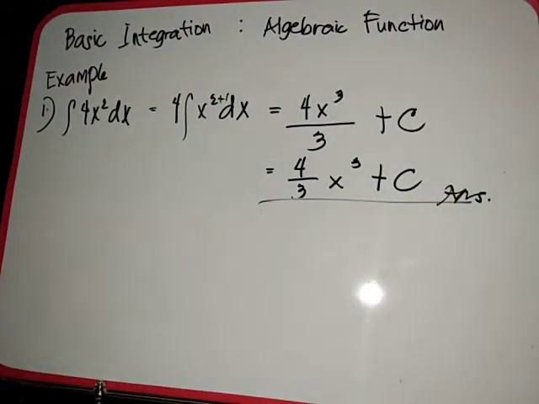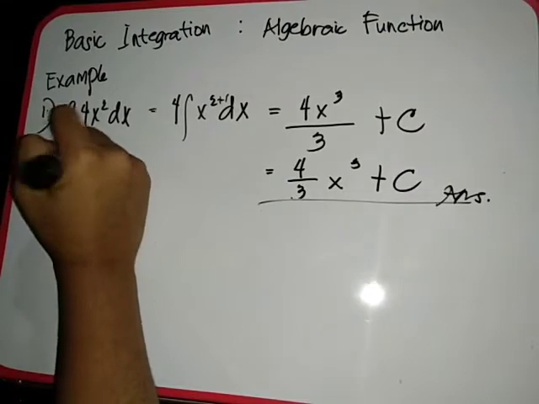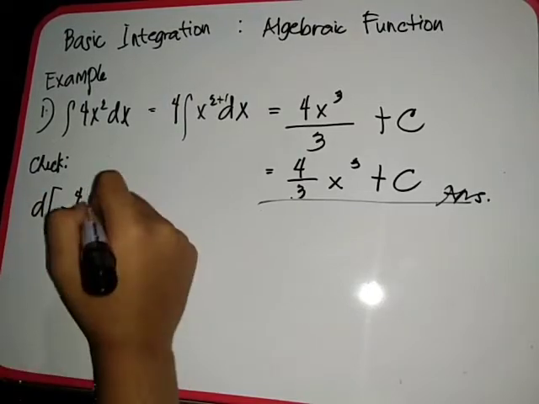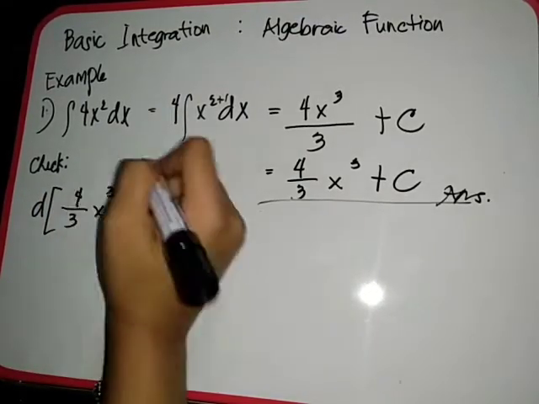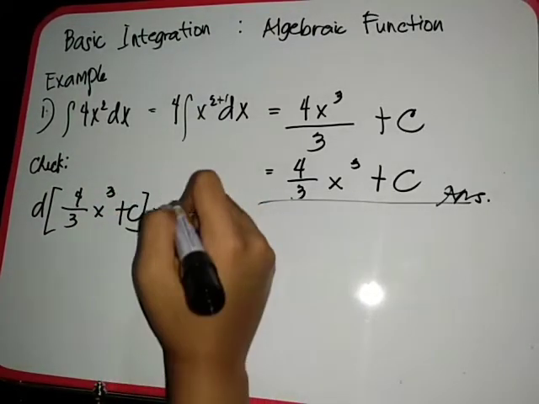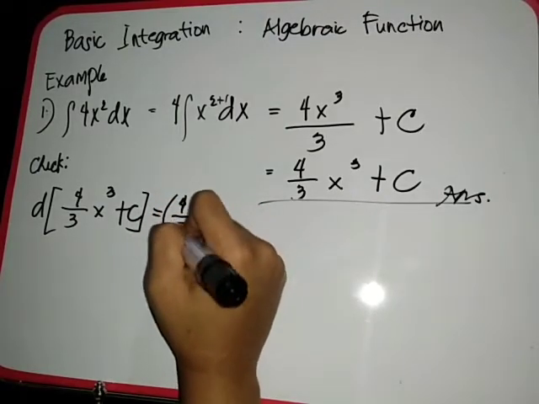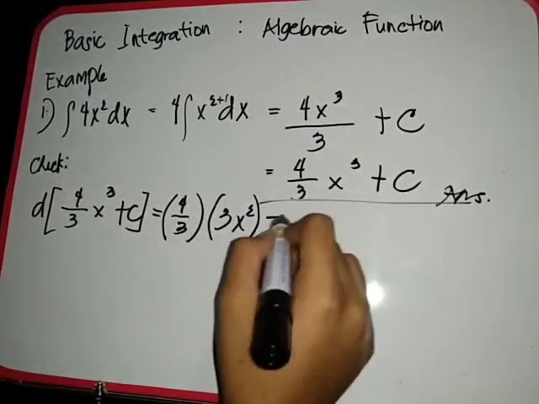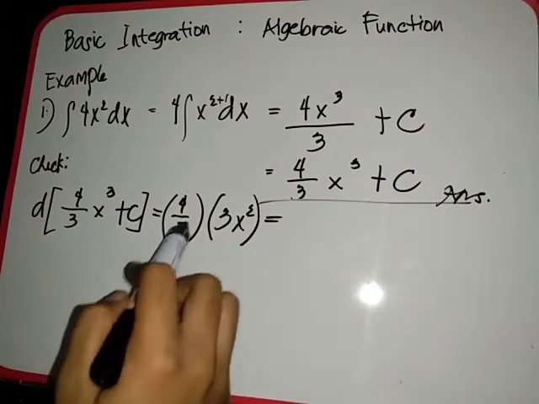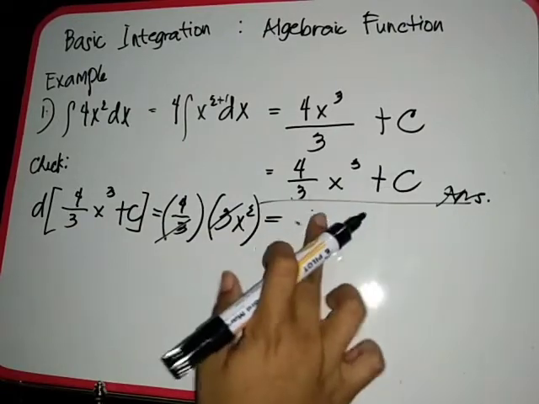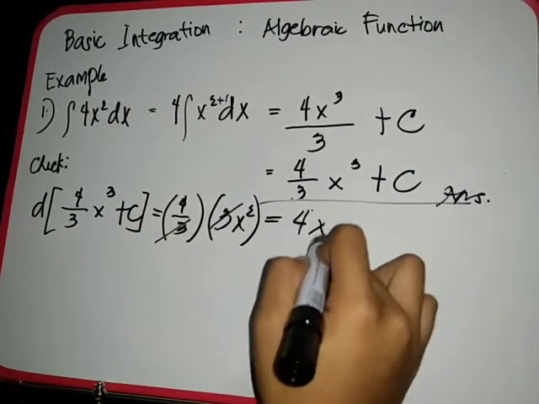To check if our final answer is correct, so this is the check. The derivative of 4/3 x cubed plus c is equal to 4/3 multiplied by 3x squared, equal to, let's cross out the 3, and the remaining is 4x squared.